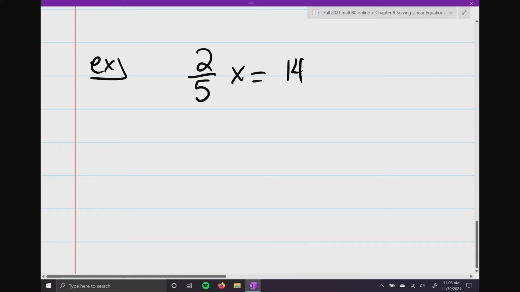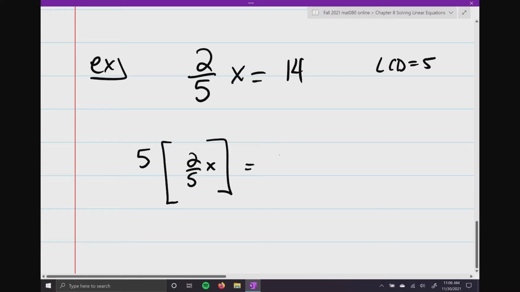And I'm going to multiply both sides by my LCD. Well, my LCD here is just the number 5. So I multiply the left side by 5, and I multiply the right side by 5. Now, on the left-hand side, the 5s will reduce. That is the whole reason why you chose 5, so you can scratch them out.